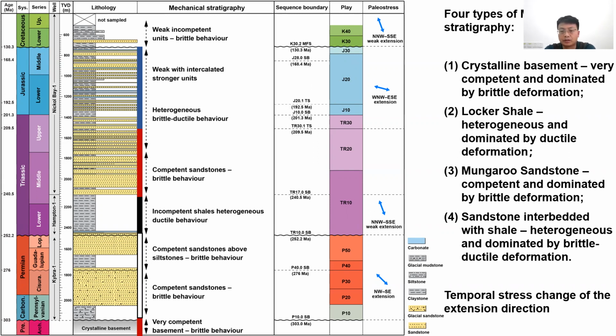The mechanical properties change, and from the late Paleozoic to early Cretaceous the extension direction also changes temporally. Therefore, the change of extension direction and mechanical stratigraphy actually has an impact on the fault development, and it will be addressed in the following part of the presentation.